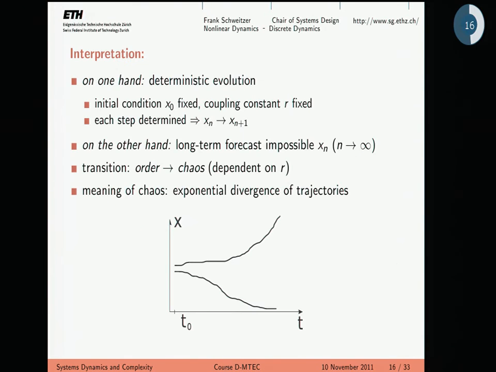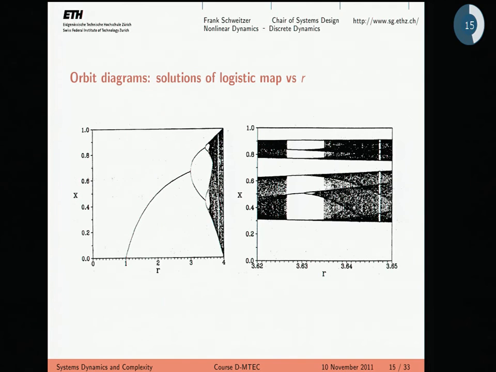Now, I am still a little bit hand-waving here about chaos. Probably you still don't have any idea what chaos is. Yes, we have no pattern emerging, but an important thing is that if you look at this trajectory, for instance, we start with some x0, some initial value.